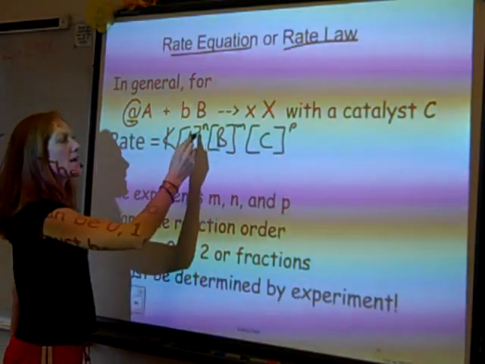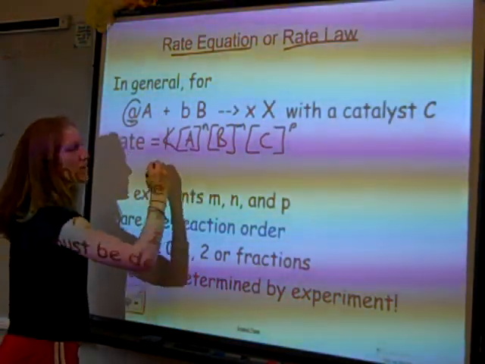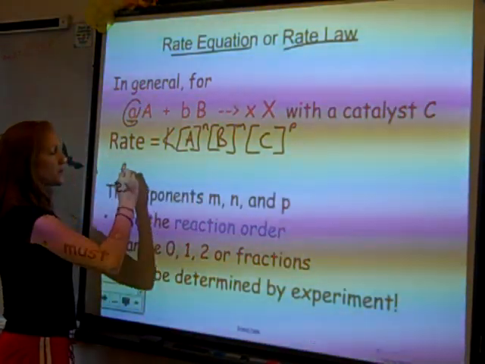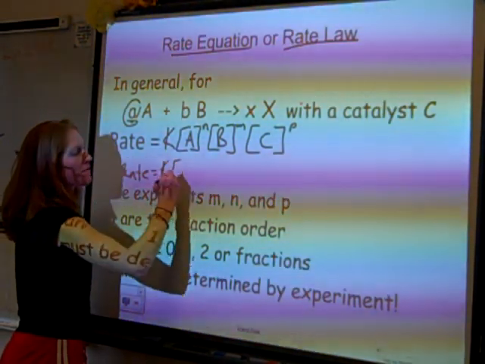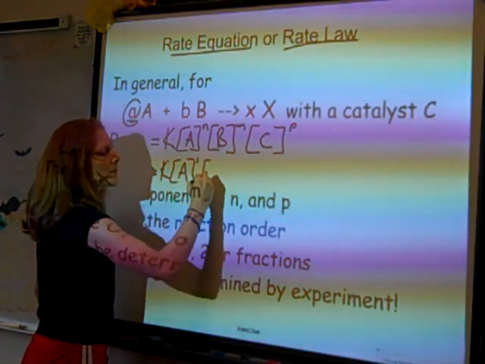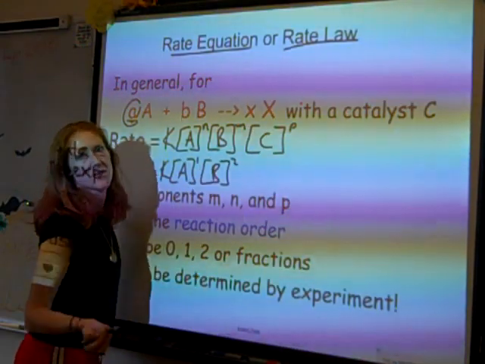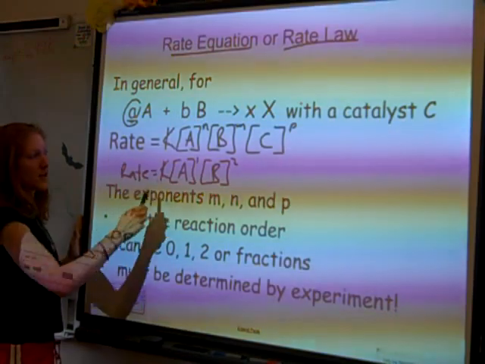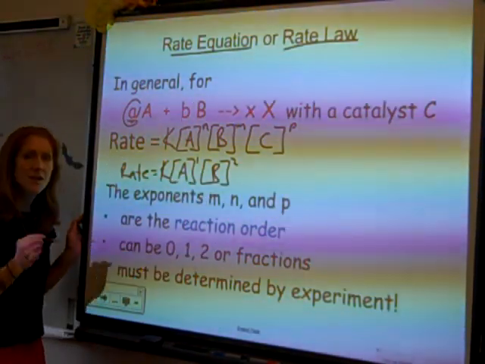They're telling us if A is going to be first order, second order, 0 order, or some fraction. So if in the end, when I solve for these, I get rate equal to K times the concentration of A to the first and B to the second, and let's say there was no catalyst involved, then I would say this rate law is first order with respect to A, second order with respect to B, and third order overall.